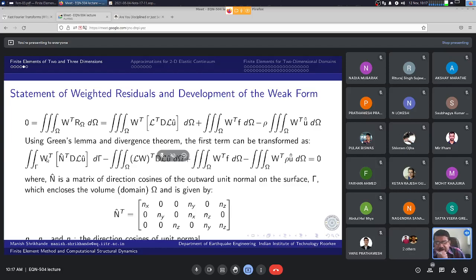And by looking at this boundary term, we can identify what are the primary variables of the problem and what are the secondary variables of the problem. This term gives us the essential stiffness matrix formulation and displacement. This term gives us the nodal equivalent of forces if W is substituted for the interpolation function for finite element model.